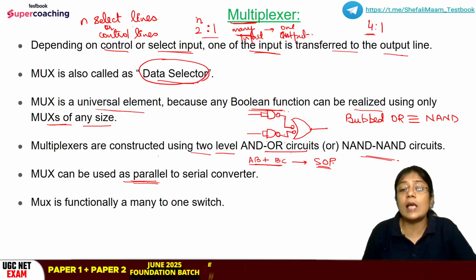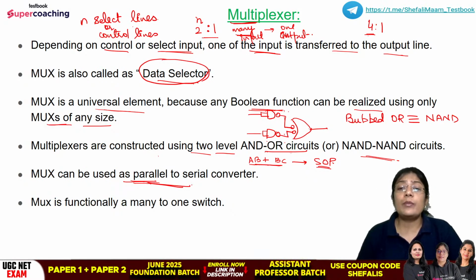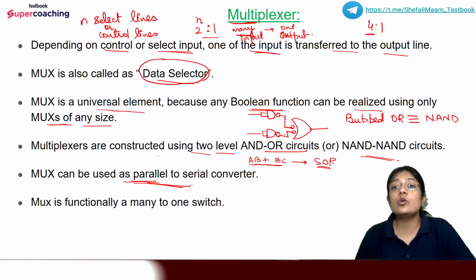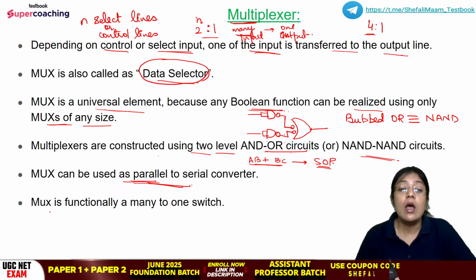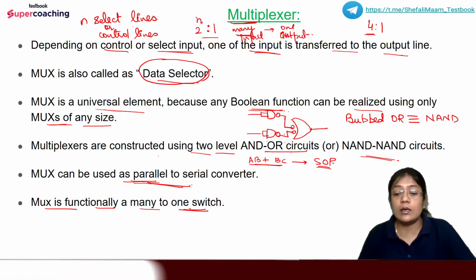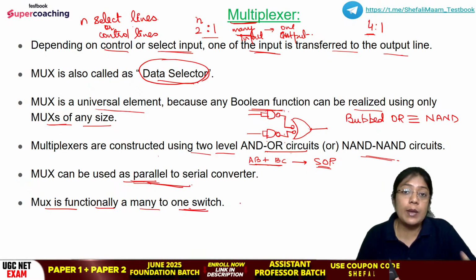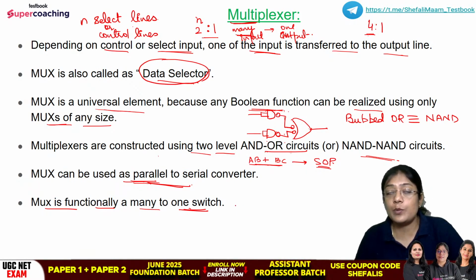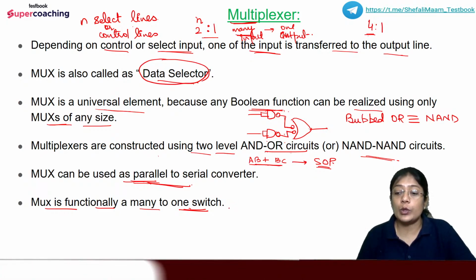A question can be asked like which combinational circuit is known as the parallel to serial converter, so don't get confused, it is clearly the multiplexer. A multiplexer is functionally a many to one switch, because it gets many inputs and sends one of them on one output line. Out of all the inputs, it selects one input and sends that on the output line.